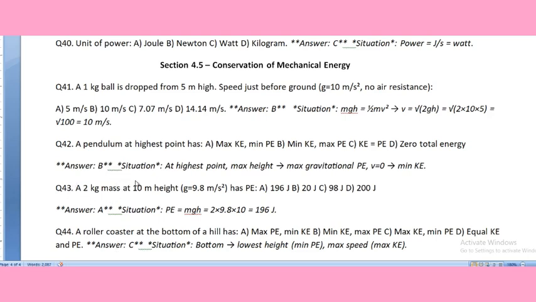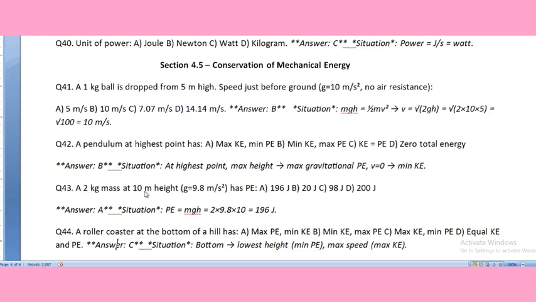The next question, question number 43. A 2 kilogram mass at 10 meter high, using gravitational field strength 9.8 meter per second square, has potential energy equal to choice A 196 joule, choice B 20 joule, choice C 98 joule, choice D 200 joule.